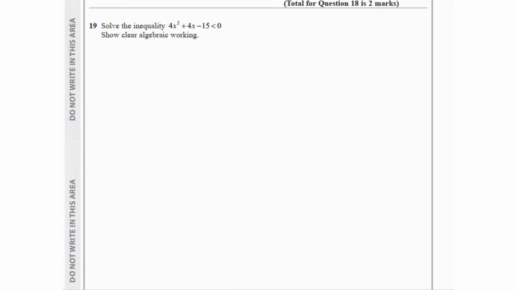So first we need to factorize this quadratic: 4x squared plus 4x minus 15 less than 0. Once again, you can use splitting the middle term or the quadratic formula, whichever is easier for you. I'm going to go with splitting the middle term. So I multiply the coefficient of x squared with the constant: 4 times 15 is 60.